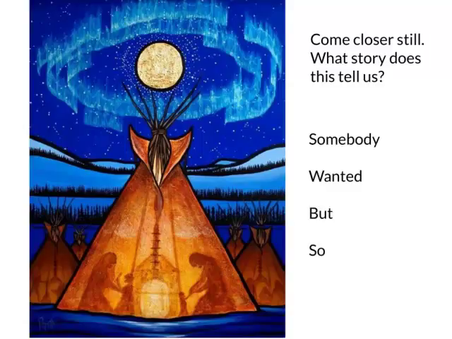We've come closer to see what this picture makes us feel, or feelings we see in the picture. And now we're ready to come closer still to see what story this tells us. Now in this section, we're going to have you follow your teacher's instructions on using the somebody wanted but so strategy to write a summary paragraph.